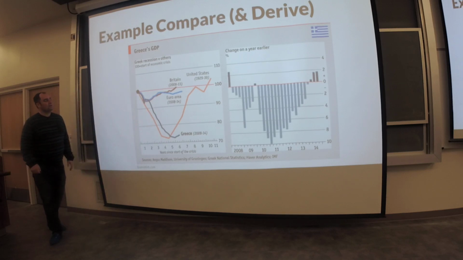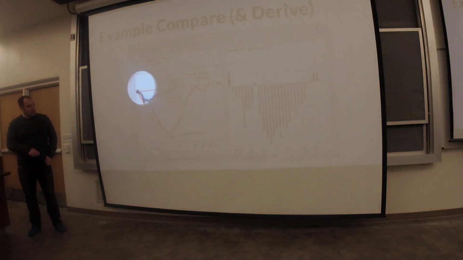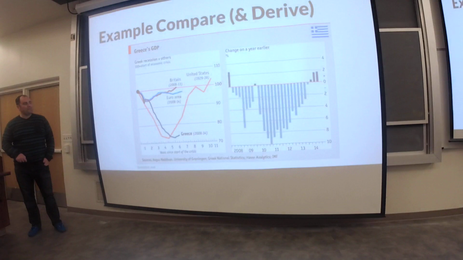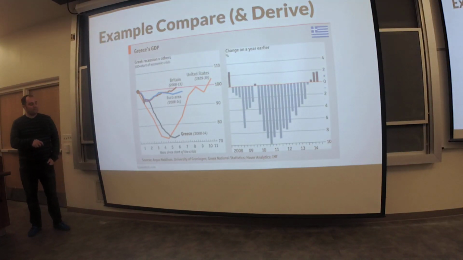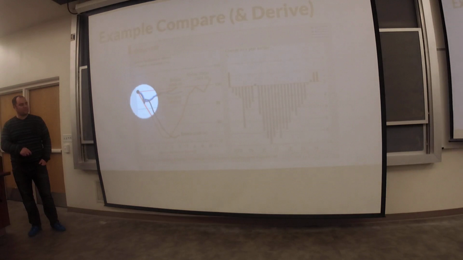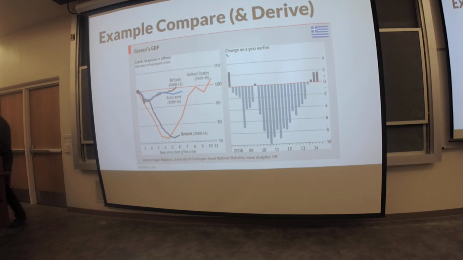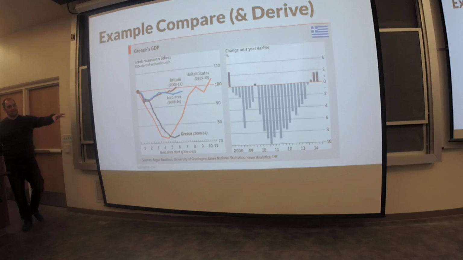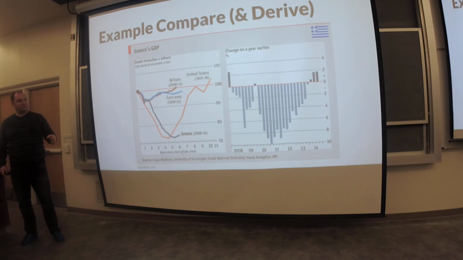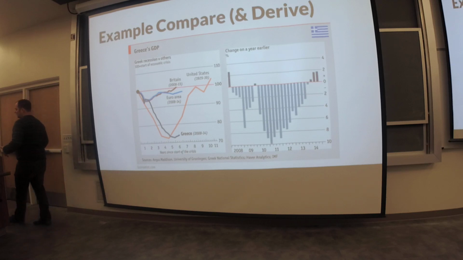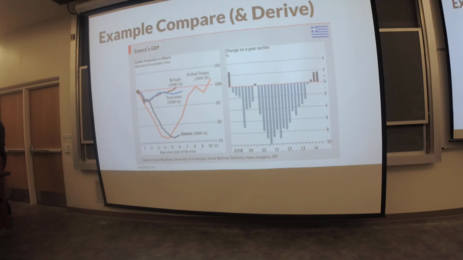And so you can see that while the euro area and Britain actually had a comparatively mild recession, the recession in Greece was comparable to the Great Recession in the United States in 2009. So here we do this comparison task. And if we interactively wanted to derive the data set here, this would be the result. Here we have a representation that doesn't show us the absolute values, but shows us the change on a year earlier, which is a different representation for a different kind of question.